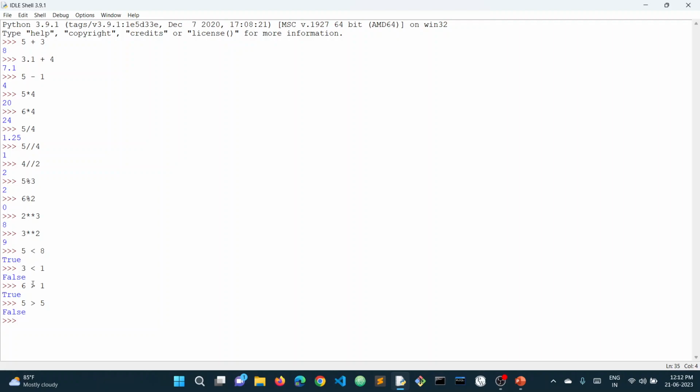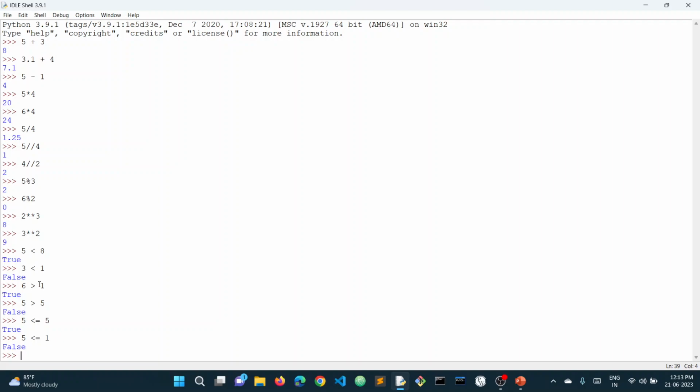For example, if we write 5 less than equal to 5, it will return true. Why? Because 5 is not less than 5, but it is equal to 5, so it will return true. If we do something like 5 less than equal to 1, we can see it will return false because 5 is not less than 1, nor is it equal to 1.